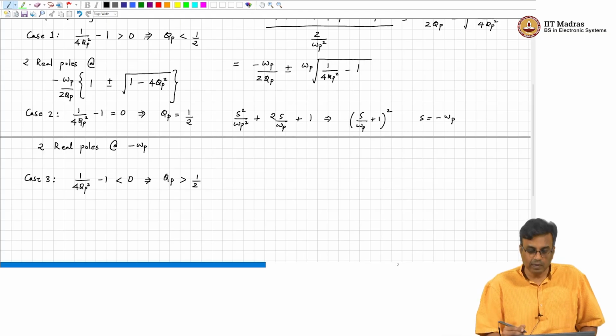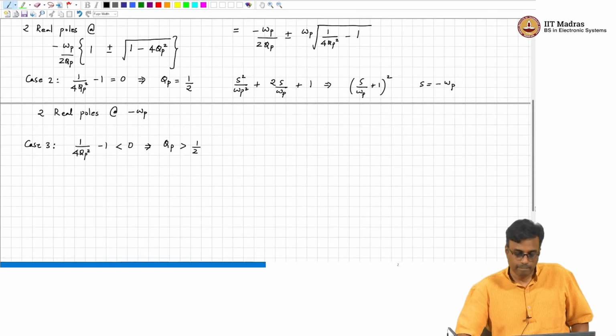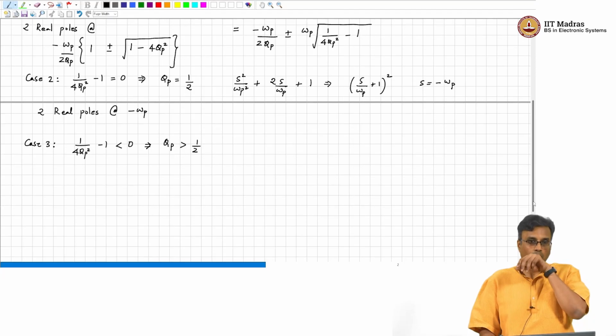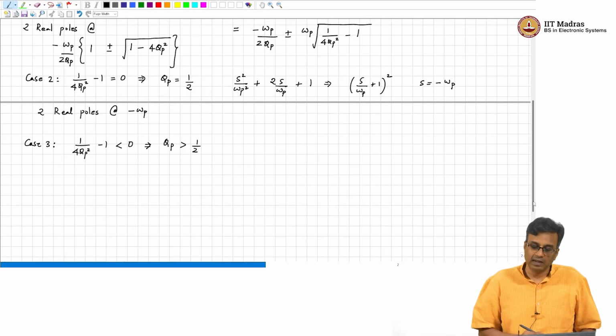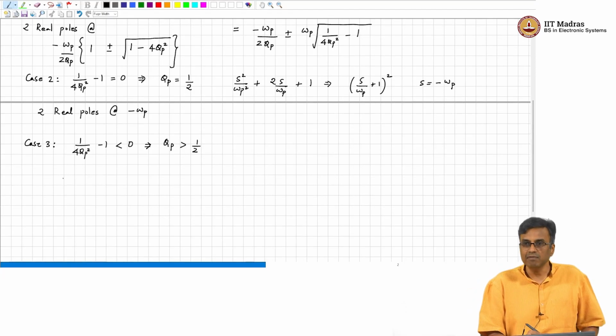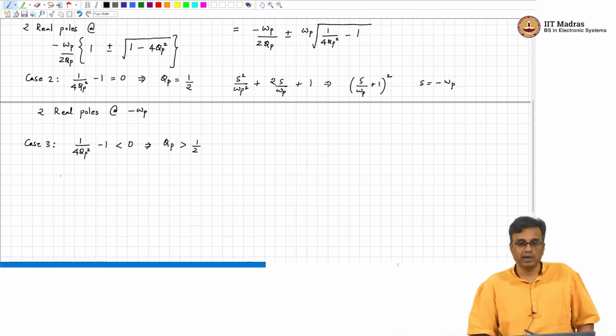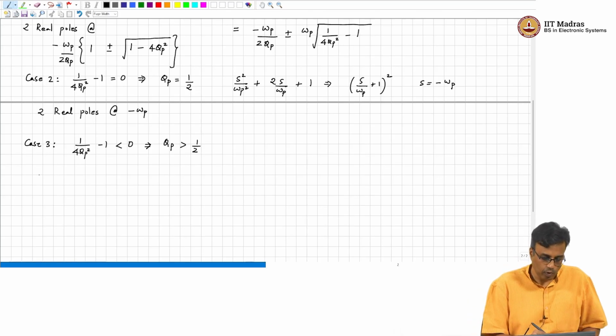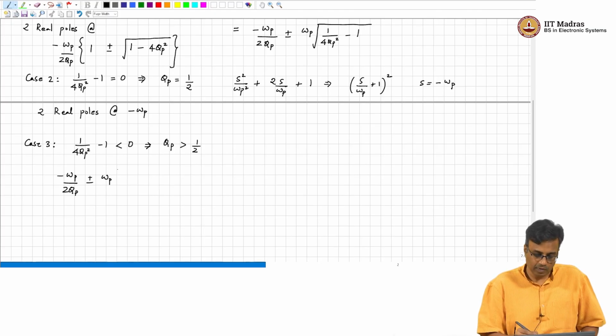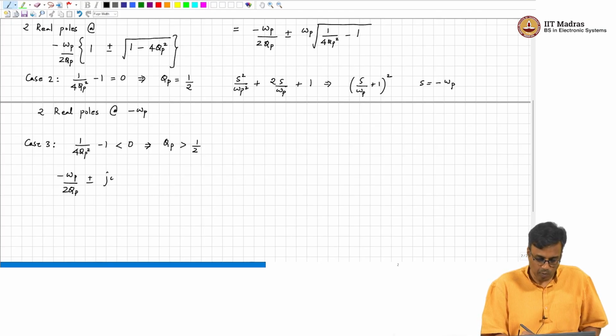And now what happens? Well, the discriminant is negative, and therefore the square root of that will be imaginary. So the poles are at minus omega p over 2 Qp plus minus j omega p times square root of 1 minus 1 over 4 Qp square.